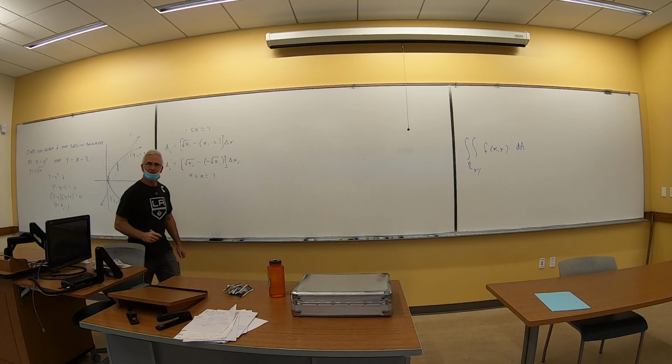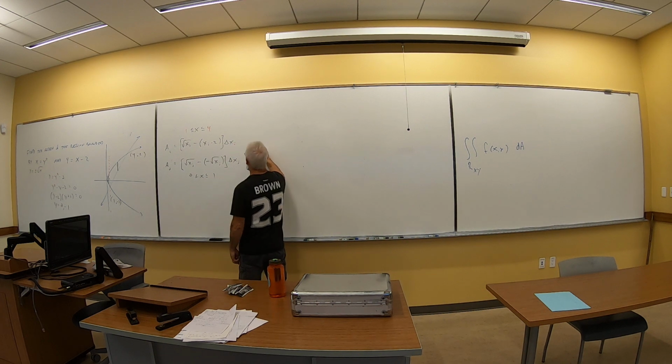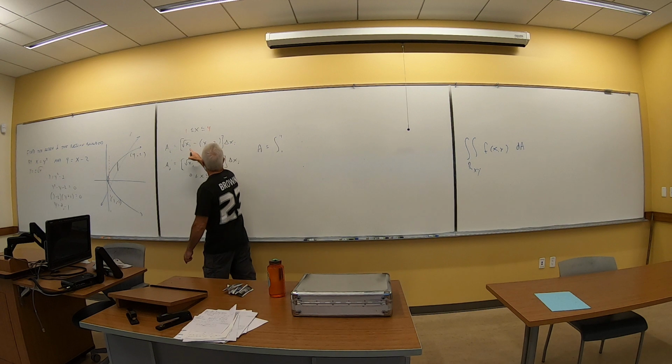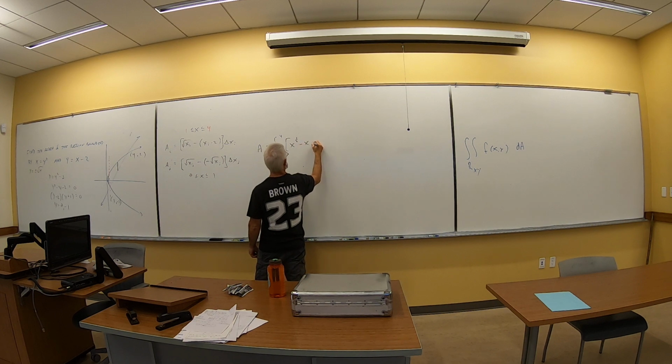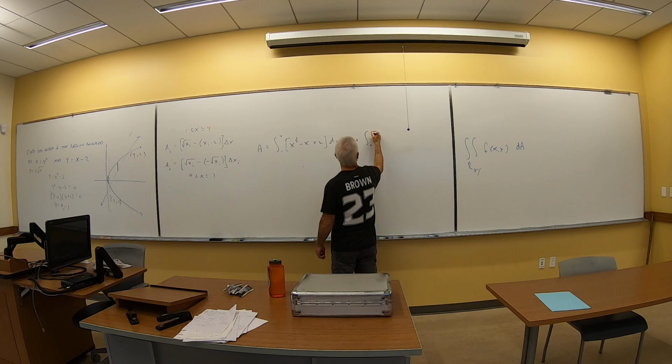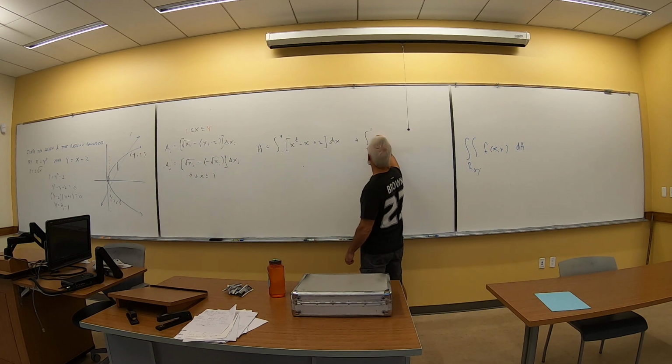So now I can say my area is the integral from 1 to 4, probably better to use a fractional exponent, x to the 1/2 minus x plus 2 dx, plus the integral from 0 to 1 of simply 2x to the 1/2 dx.